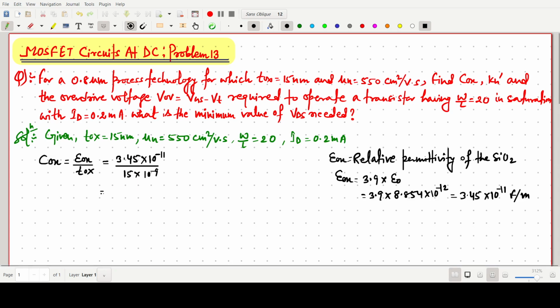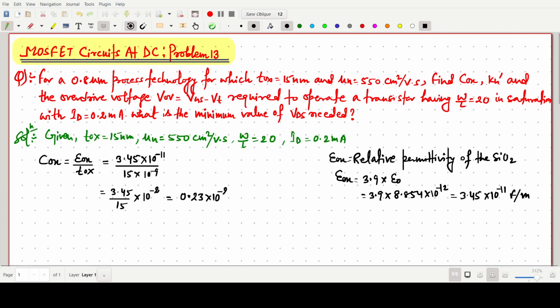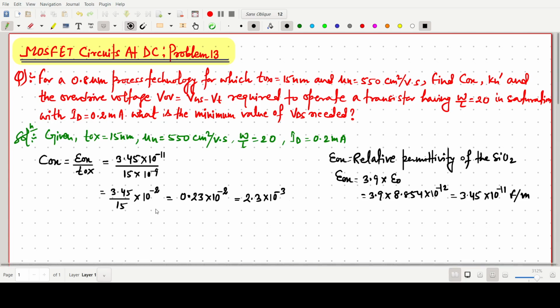One can easily write this as 3.45 by 15 into 10 to the power minus 2, and if we divide 3.45 by 15, the value will come 0.23 into 10 to the power minus 2, or in general we can write, in milli, 2.3 into 10 to the power minus 3, and the unit will be farad per meter square.